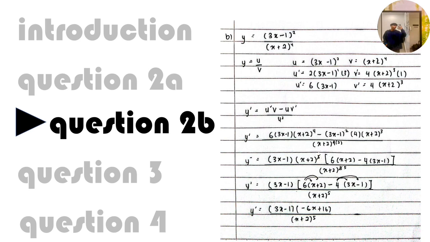It becomes 6 times (3x minus 1) times (x plus 2) to the power of 4, minus (3x minus 1) squared times 4 times (x plus 2) to the power of 3, over ((x plus 2) to the power of 4) squared.